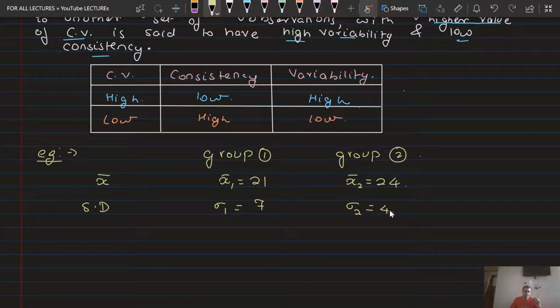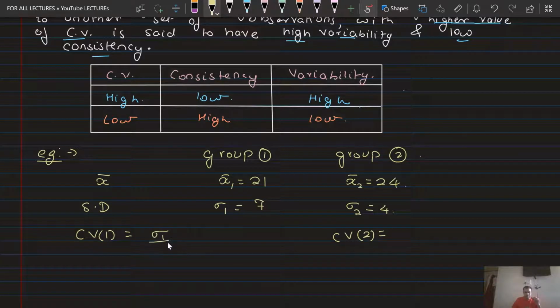So in that case you have to calculate the value of coefficient of variation for the first group. Let me write it as CV1, and coefficient of variation for the second group. So let us calculate this one by one.